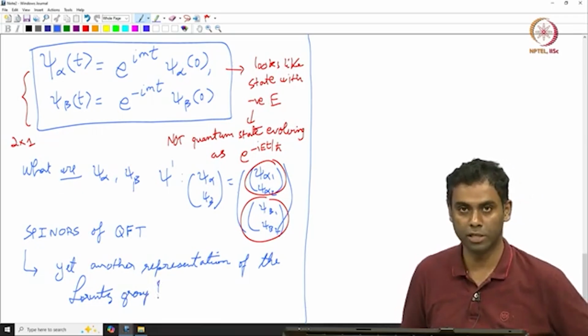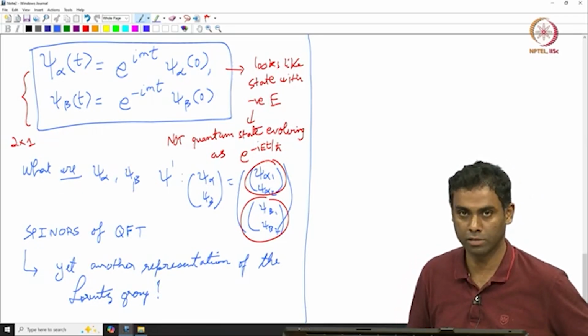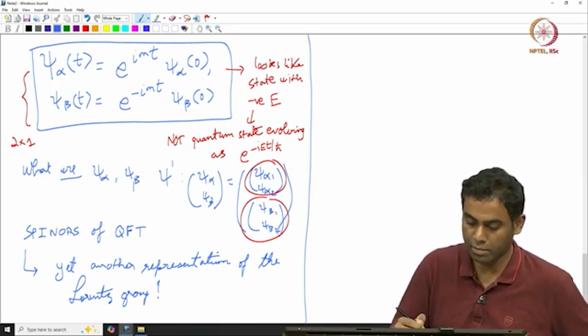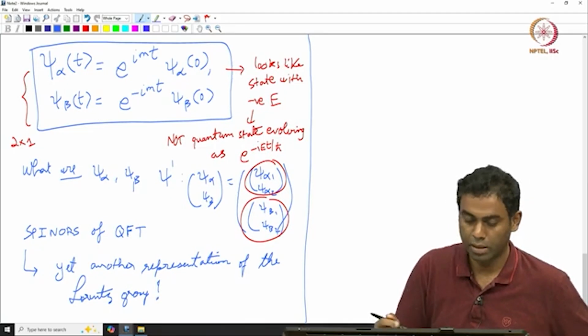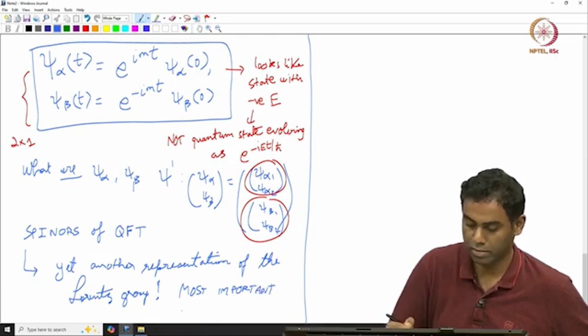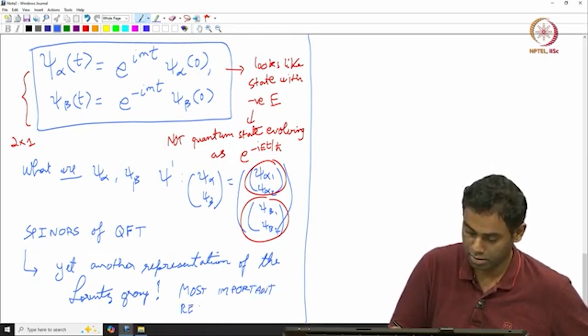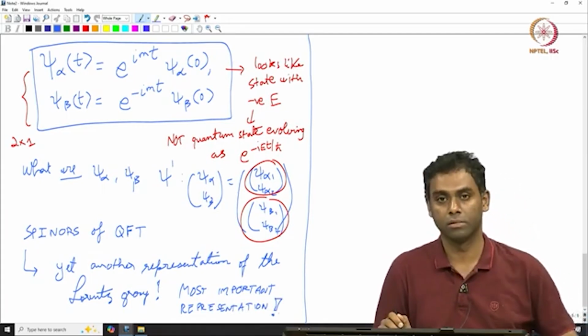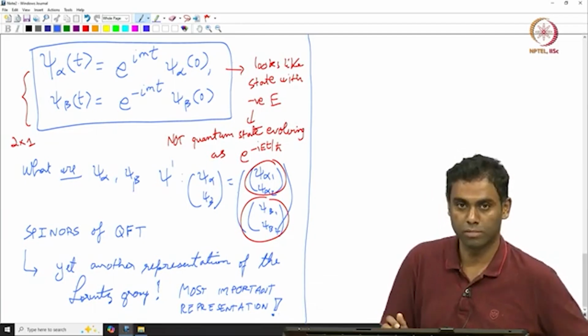We have already seen two representations, scalars and vectors, 4 vectors. We are going to see now that this is nothing but yet another representation, and this is the most important representation. I am going to objectively say this is the most important representation. Why? Because we are made of fermions. Without fermions, no matter, nothing to speak about.